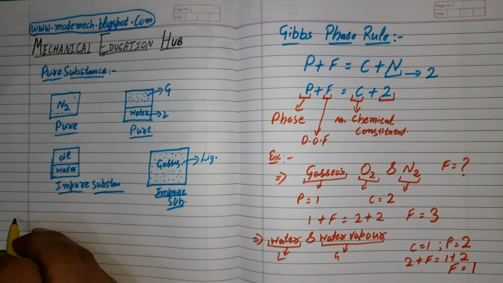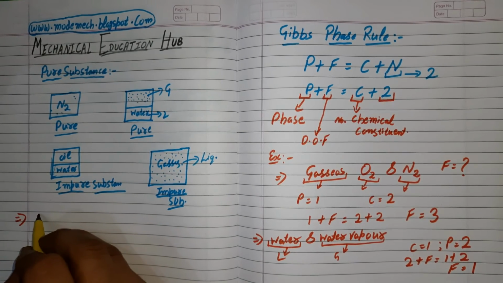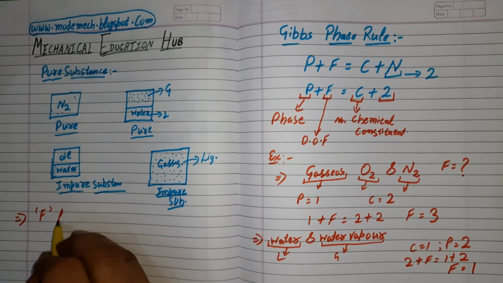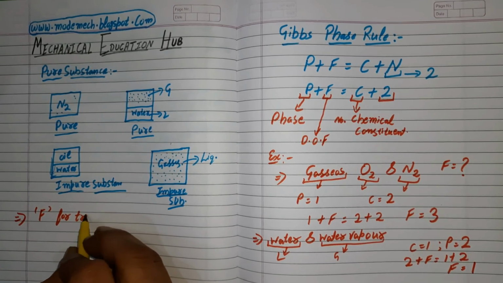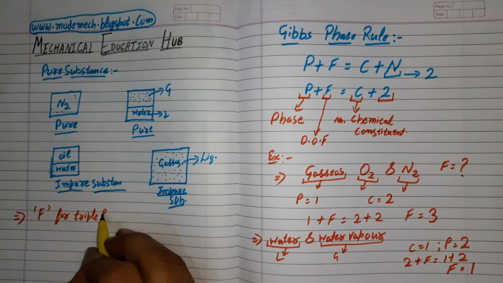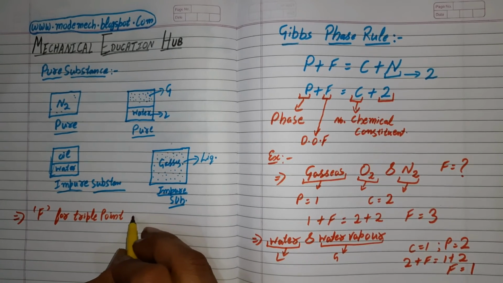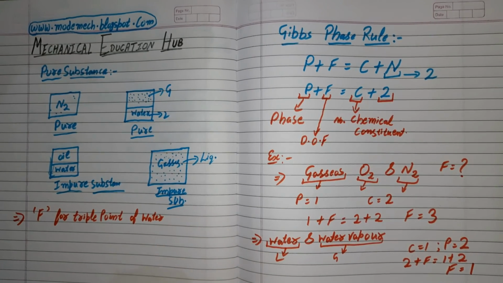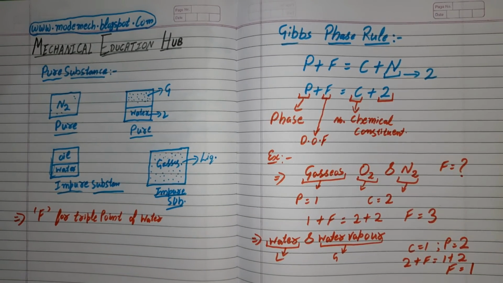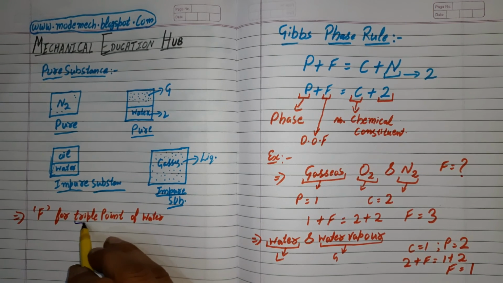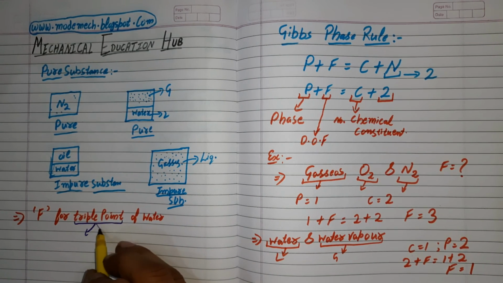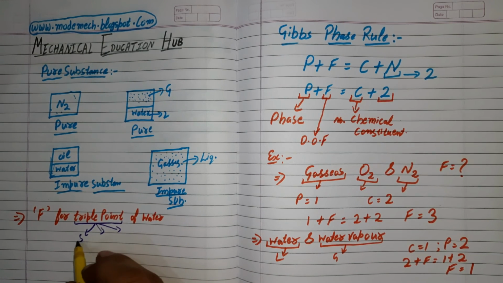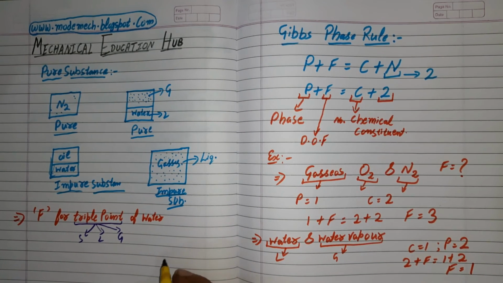Now moving further to the next example, let's say we need to find F, or degrees of freedom, for the triple point of water. This triple point of water is that point where water exists in all 3 phases, that is solid, liquid and gaseous.